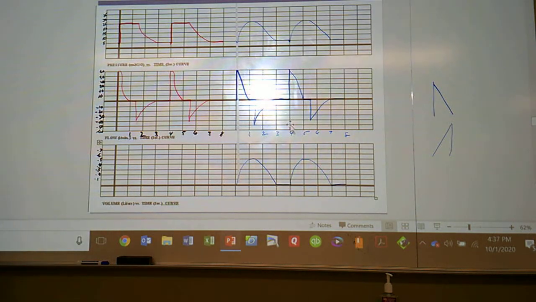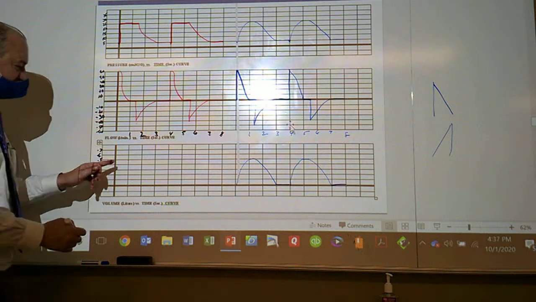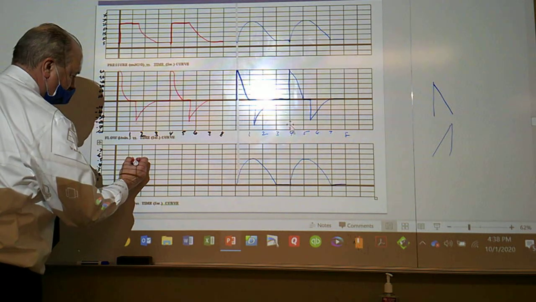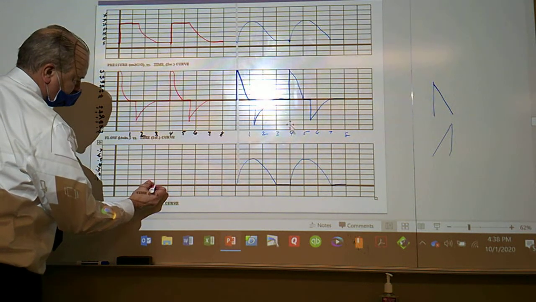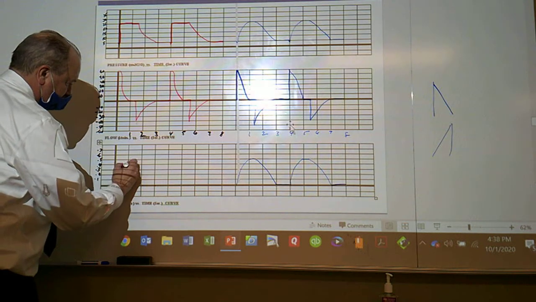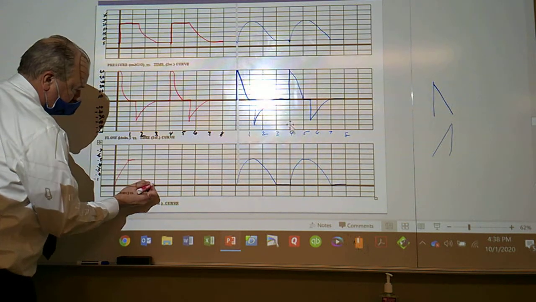What a lot of people have found it easier to do is just put dots at the starting point and the ending point. Okay, and then connecting the dots. I like that.